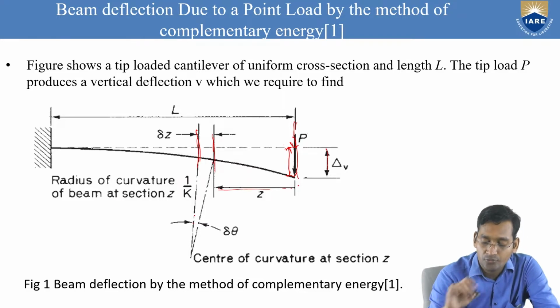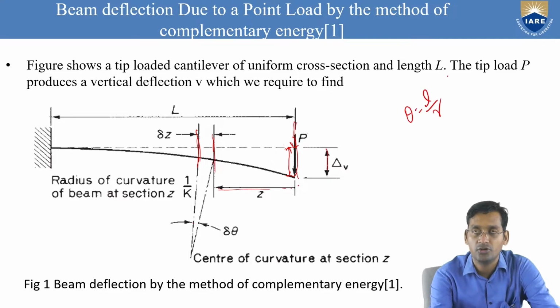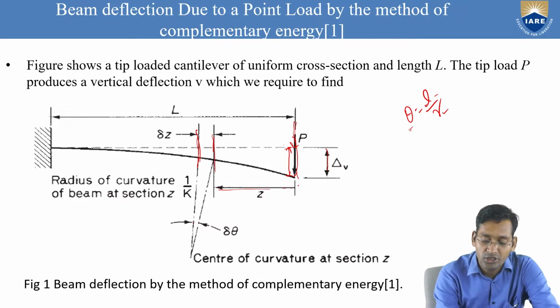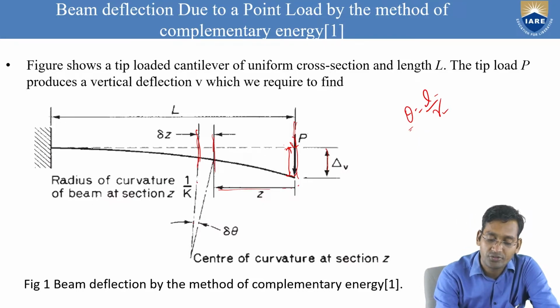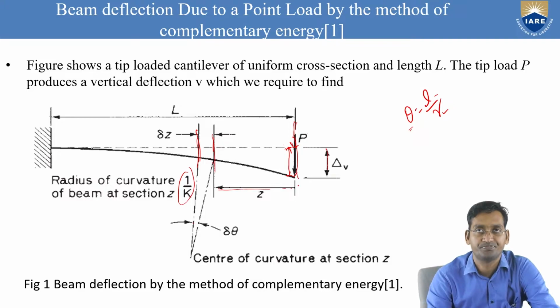What we know is that theta equals L by R. We know the formula for arc length: if we know the arc length and the radius, then we can find the angle theta. So here dou theta is this one, and the radius of curvature of the beam, just assume that as 1 by k.